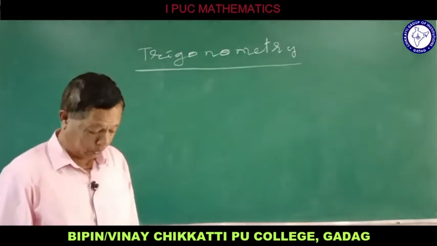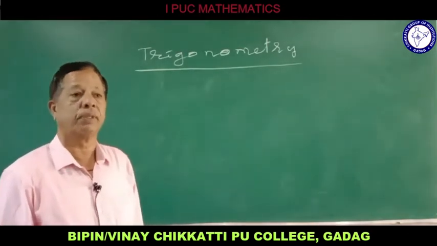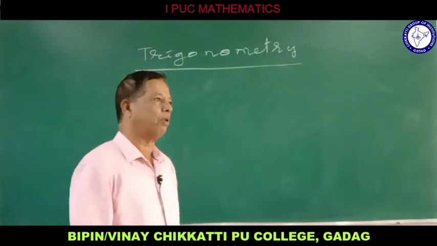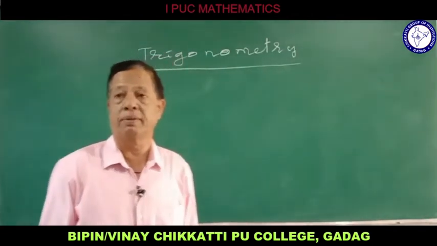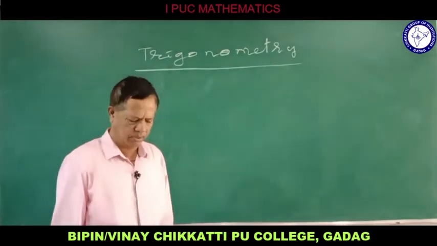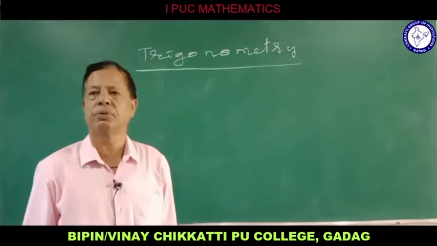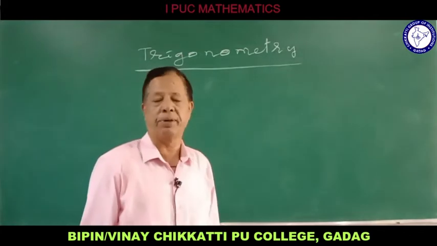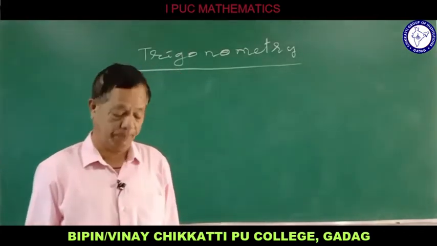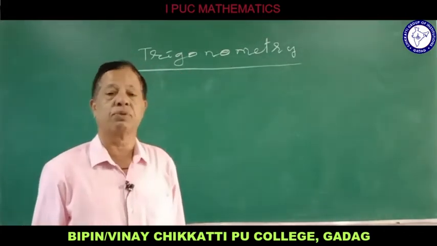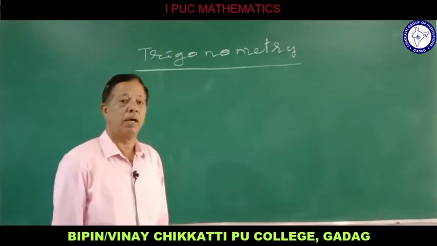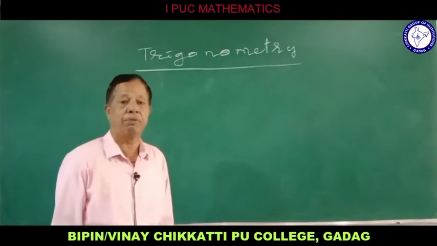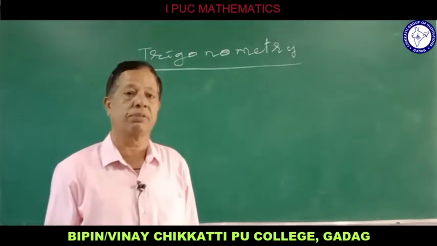But after this, we are very particular about the angles, because the 3 sides of a triangle you can measure very easily in terms of millimeters, in terms of centimeters. However, the requirement is there for measuring the sides of a triangle.